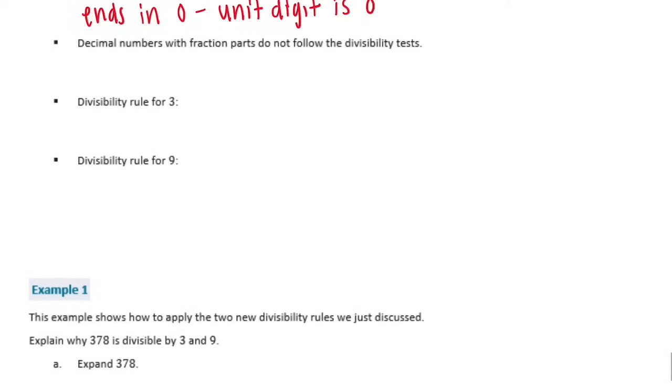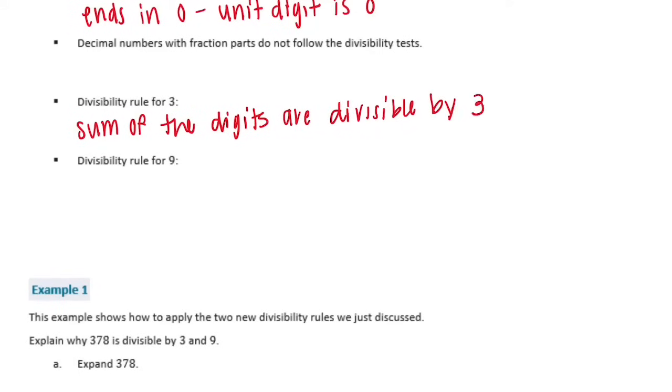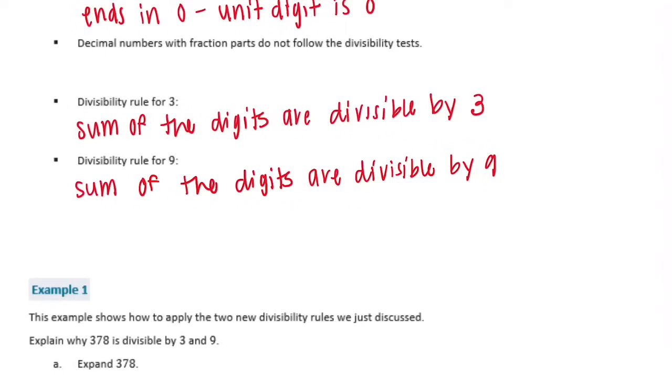So the divisibility rule for 3 is that the sum of the digits are divisible by 3, and the divisibility rule for 9 is that the sum of the digits are divisible by 9. So all you have to do is add up the digits and see if they're divisible by 3 or 9.